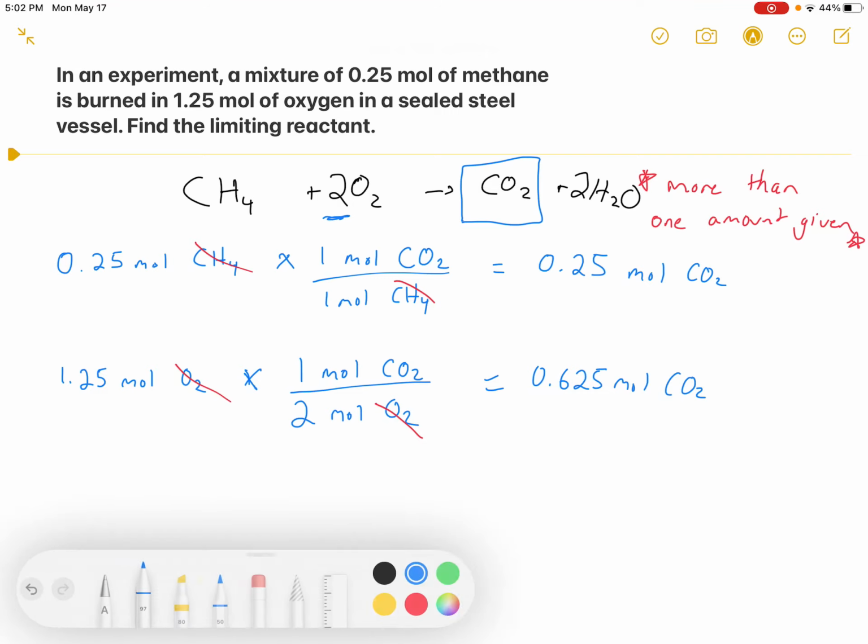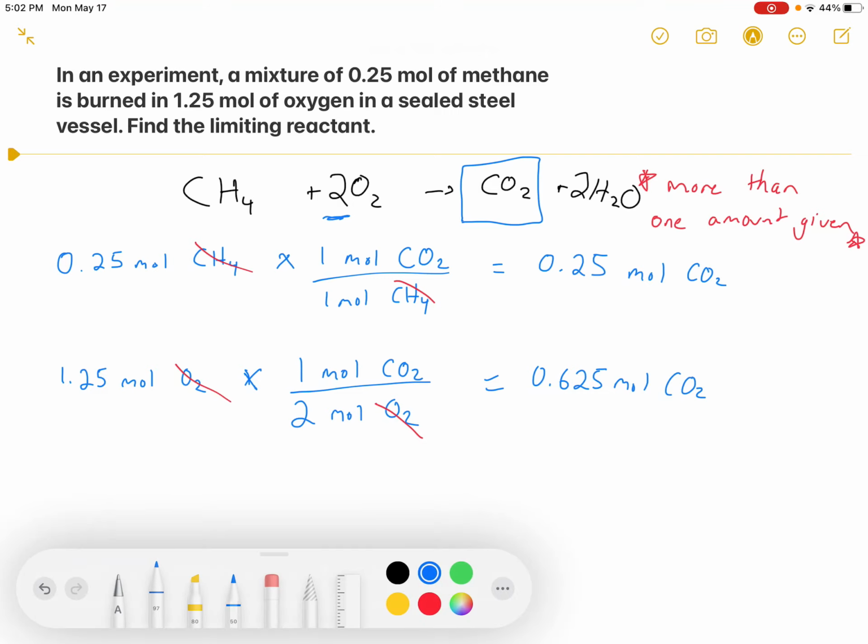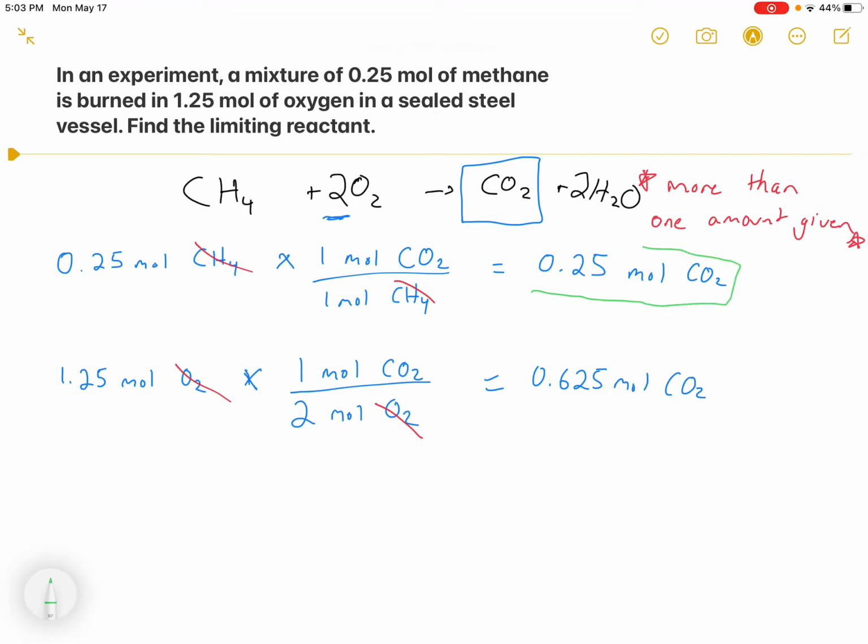And then to determine what's the limiting reactant, we just need to look for what reactant produces less of the given product that we chose. So 0.25 is a smaller number than 0.625, so that means that this equation here is going to give us our limiting reactant, and we know that it is methane.